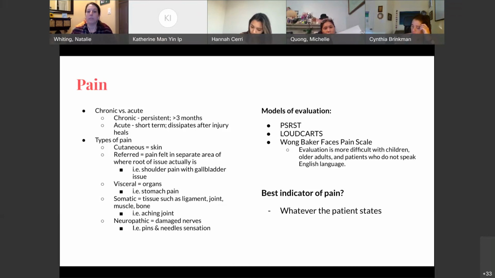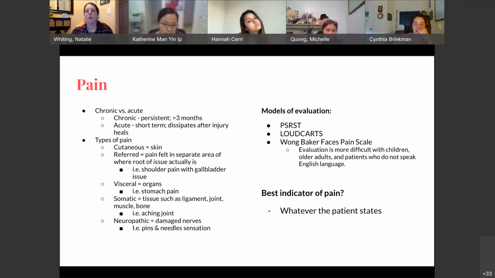Some models of evaluation for pain. You guys have been using either the PQRSTU or LOUD cards. Sorry guys, typo. With patients who cannot speak English or have trouble communicating, older adults, and children, we're going to use the Wong-Baker Faces Pain Scale.